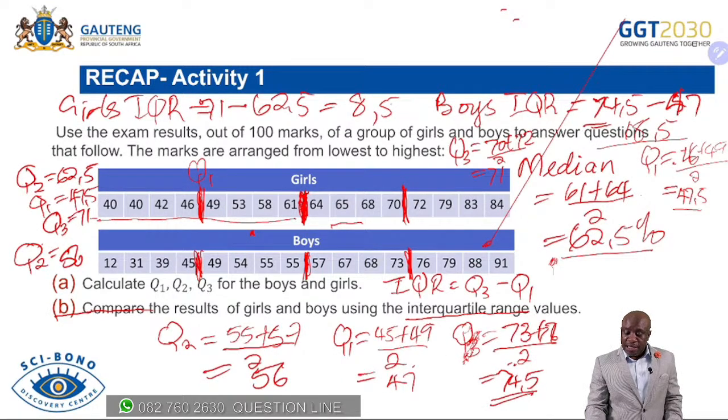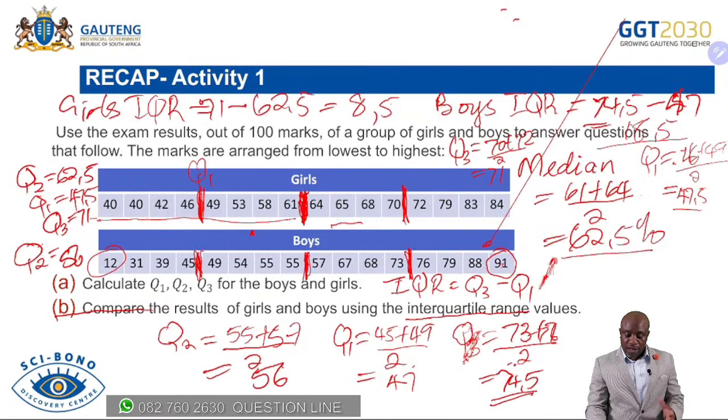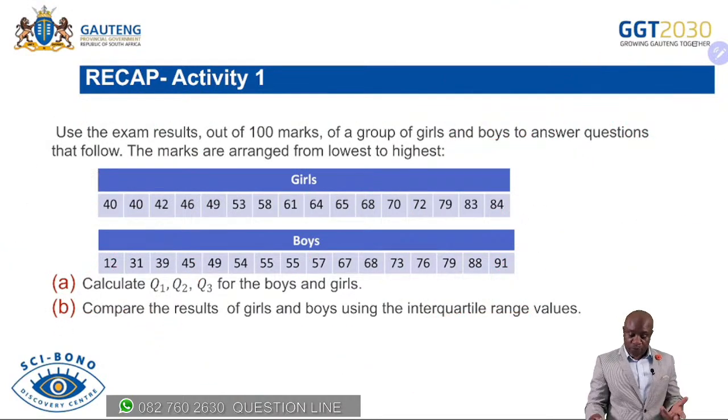In other words, there's a huge difference between the marks there. The higher the interquartile range, the higher the differences in the values in the middle. The advantage of the interquartile range is that it ignores other values like the 91 and the 12. If you look at the boys, they have a 91 and a 12, which makes them very inconsistent.